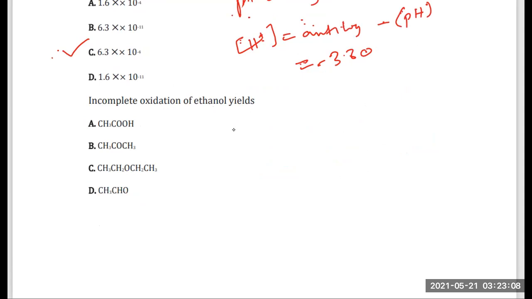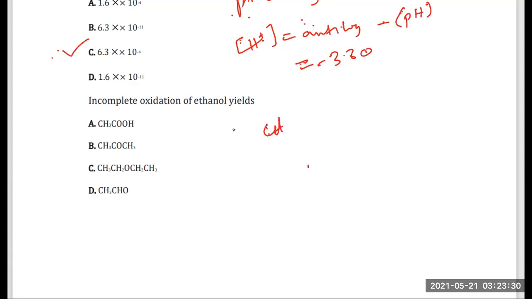Incomplete oxidation of ethanol yields what? We know that oxidation of an alcohol will depend on what class of alcohol we have. For this one, let's look at the general formula of ethanol.